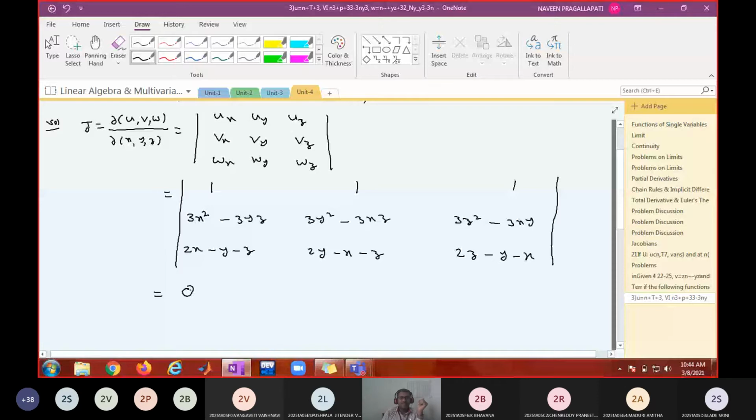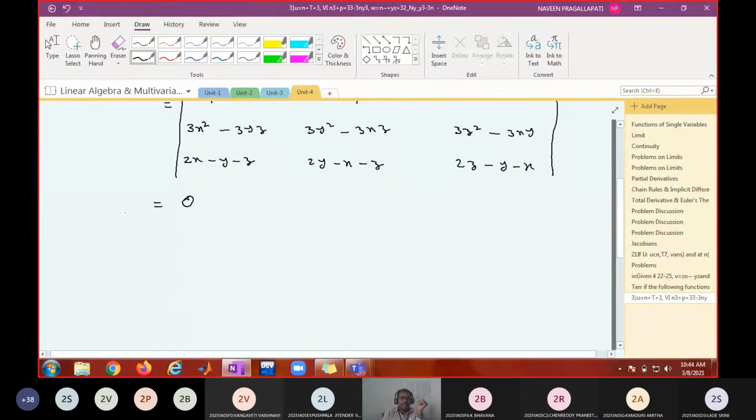The Jacobian is going to be 0. So when J is 0, what can you say about u, v, w? They are functionally dependent. Can you see the functional relation between them?